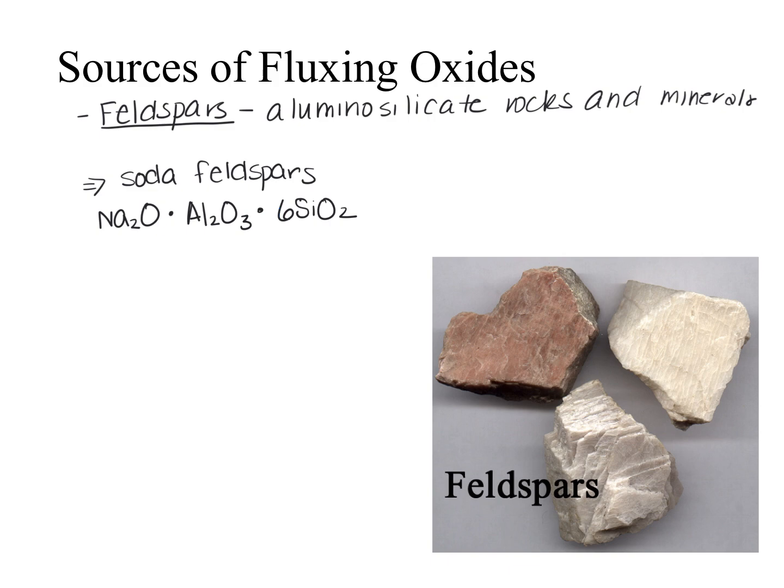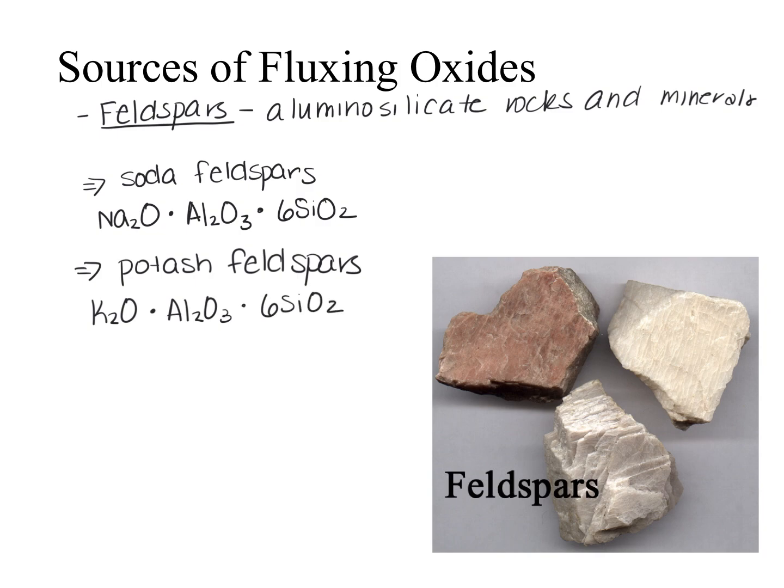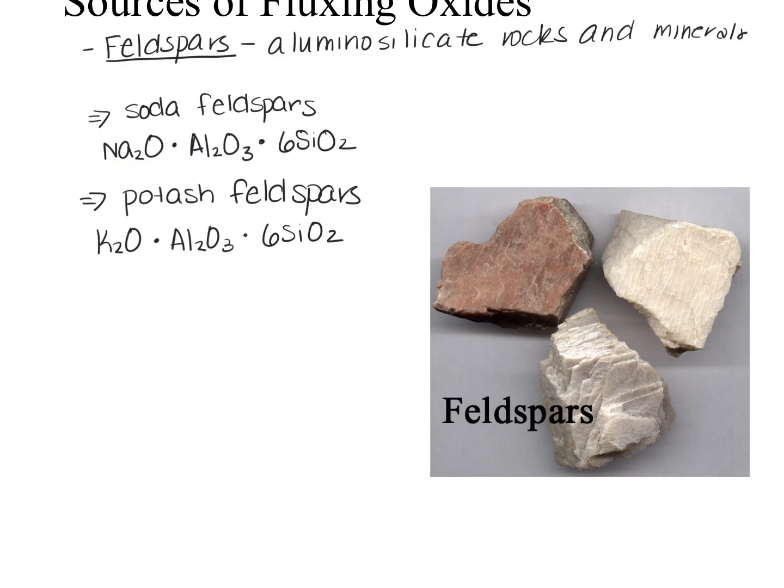You can also have potash feldspars. These are K2O, Al2O3, 6SiO2. That's where the potash there is potassium, and so you can see the potassium is the base of that.